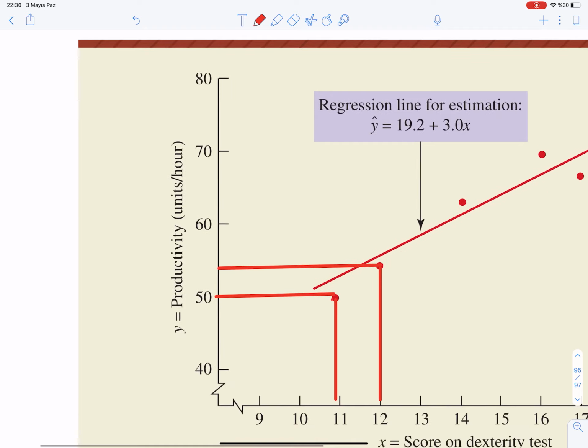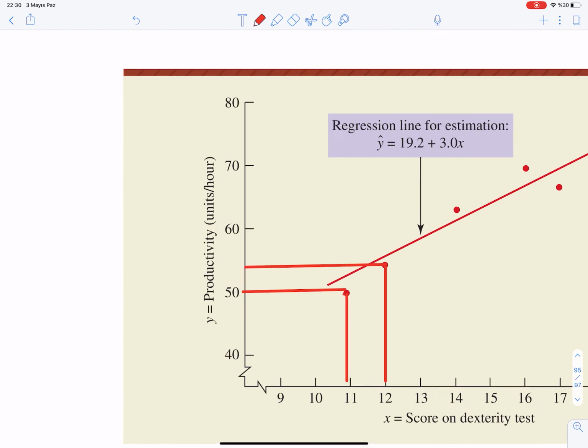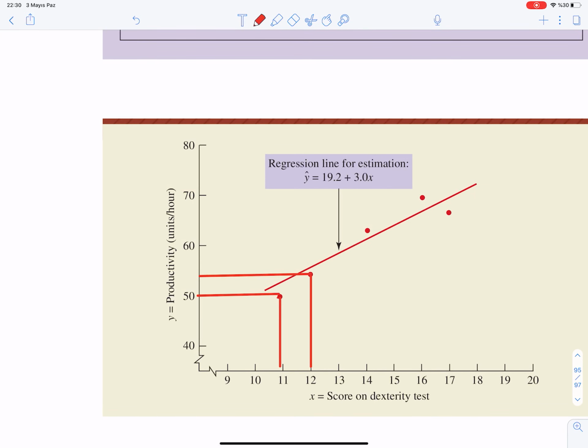The drawing is not perfect, but it is approximate. And this is the best regression line estimation.